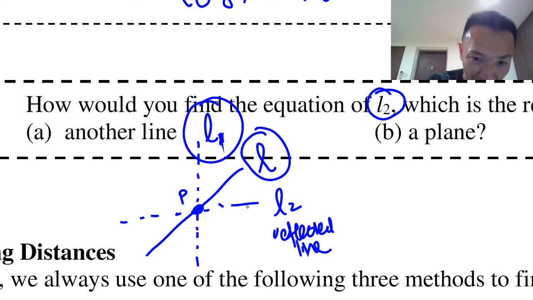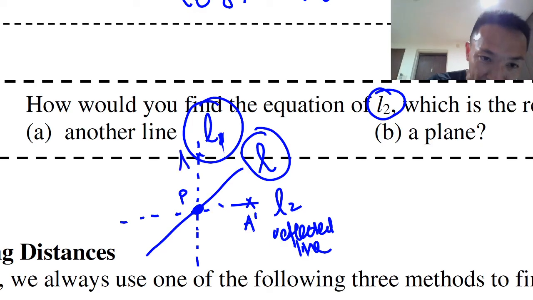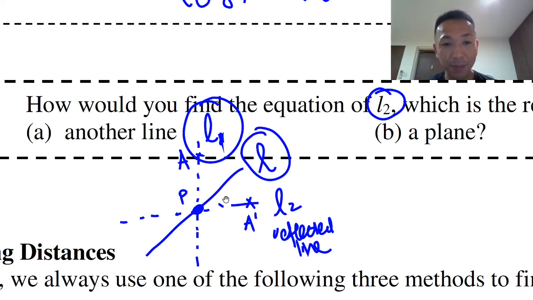As long as I can find one more point, A prime, I'm good enough. I join A prime to P, and I know the equation of the line already, if you know your equation of a line well enough. How do you find A prime? I can randomly find a point A in the line L1, reflect A in this line L, I'll get A prime, I'm good.